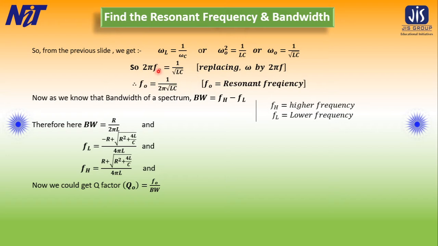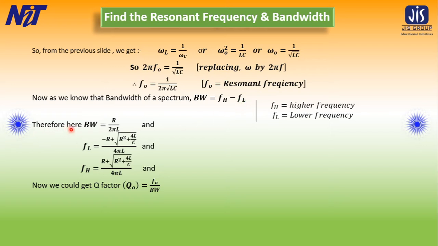After shifting the 2 pi to the right hand side, we get f naught, that means resonant frequency, which equals 1 by 2 pi root over LC. Now as we know, the bandwidth of a spectrum is the higher frequency limit of the spectrum minus the lower frequency limit of that particular spectrum.